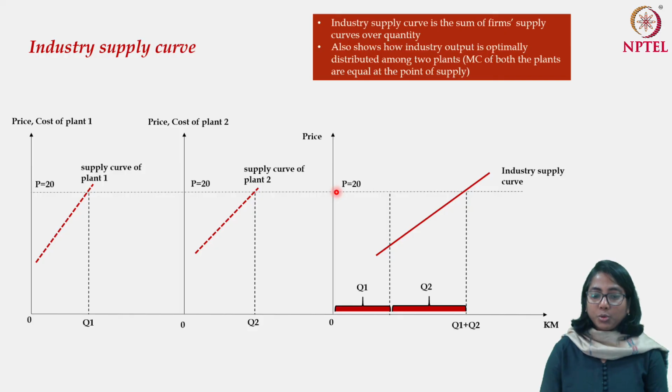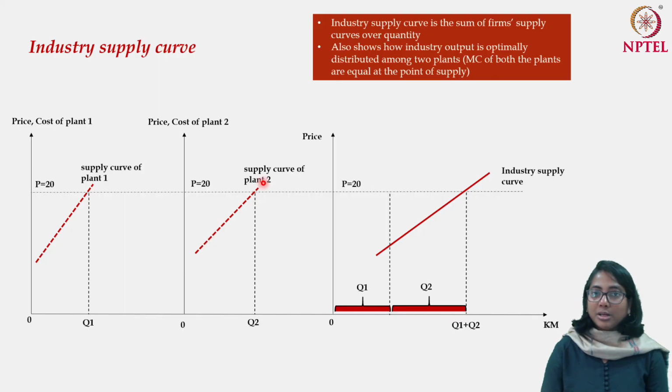What you do is ask the plant with lower cost to produce more and the plant with higher cost to produce less. We have already discussed that for plant 1, the slope of the marginal cost is steeper, so it has a higher slope. As compared to this, the other has a lower slope.